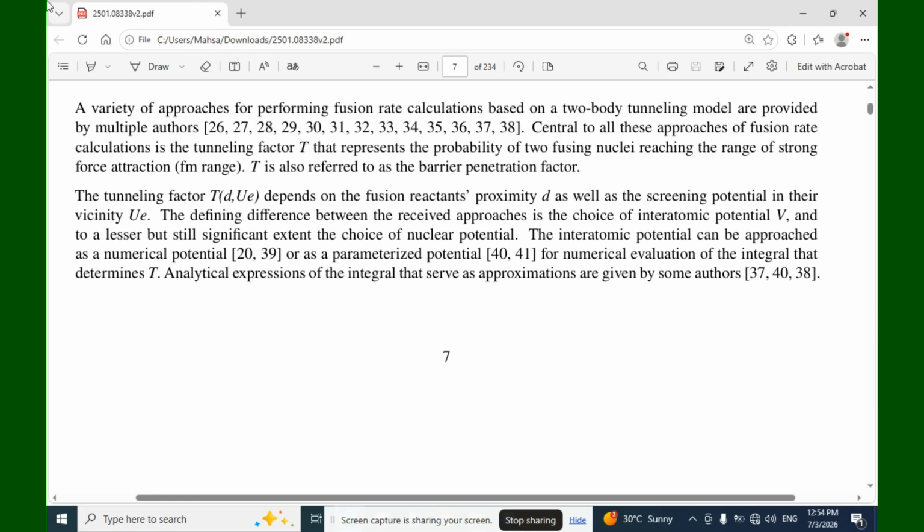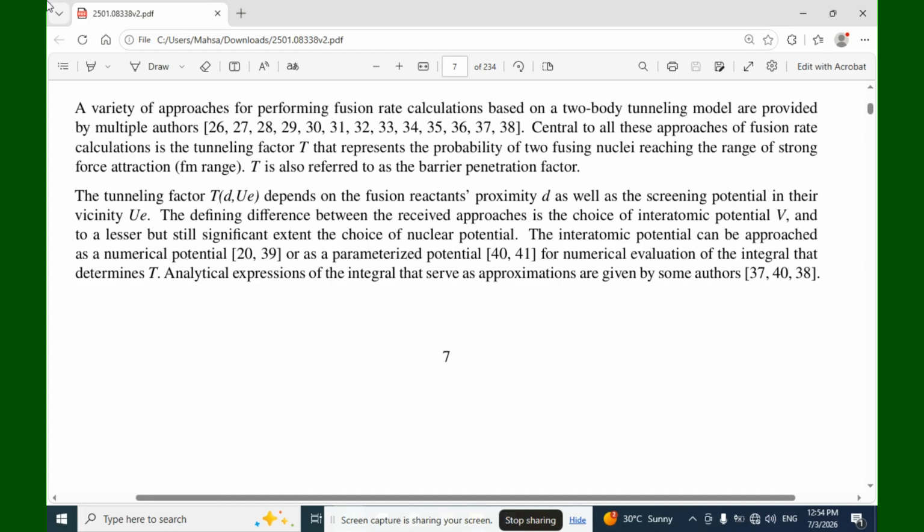The tunneling factor T depends on the fusion reactant's proximity D as well as the screening potential in their vicinity U_e. The defining difference between the various approaches is the choice of the interatomic potential V, and to a lesser but still significant extent the choice of nuclear potential.